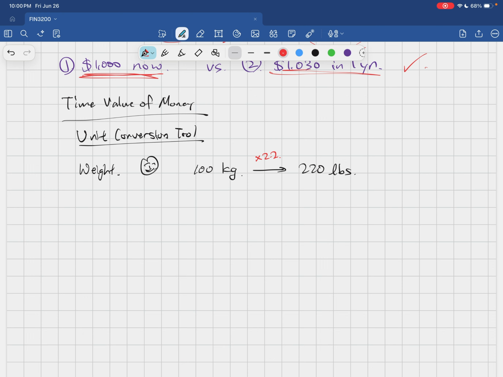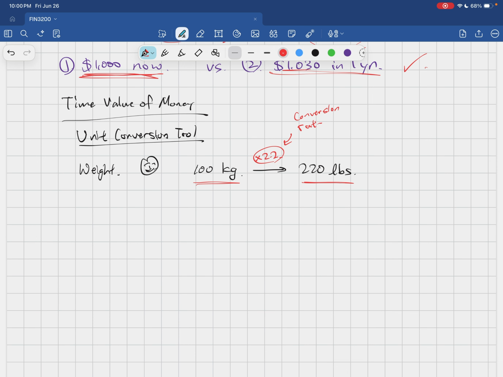Whether we say this person weighs 100 kilograms or 220 pounds, we're referring to the same thing. The weight doesn't change. We've just expressed the weight in different units, and there exists some kind of a conversion rate.